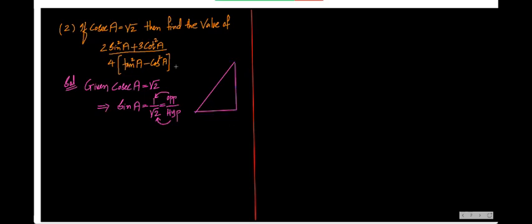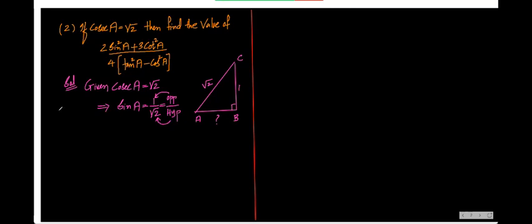This is the triangle we have to take. In this triangle, the opposite side we know is 1, and the hypotenuse is root 2. If you take this as A, B, it's a right angle triangle, so 90 degrees at B. We don't know this side. We can use the Pythagoras theorem and find out this side.